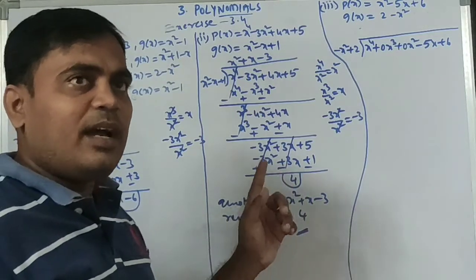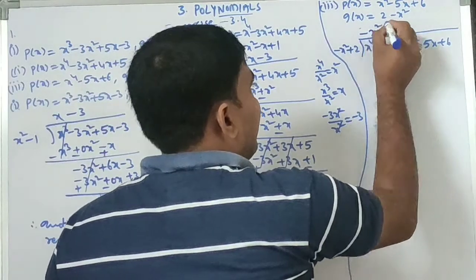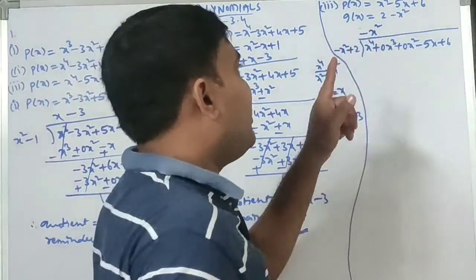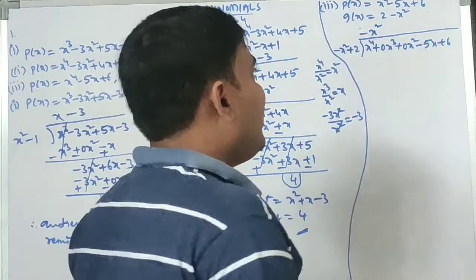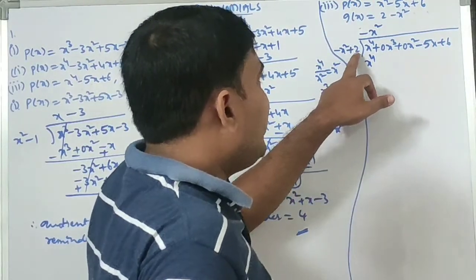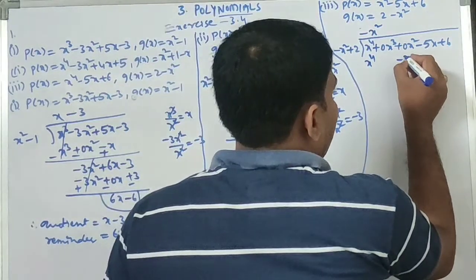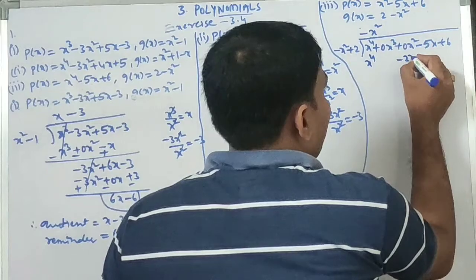So we are getting minus x square. Minus into minus plus, x square into x square, x power 4. Now 2 into minus x square, minus 2x square.